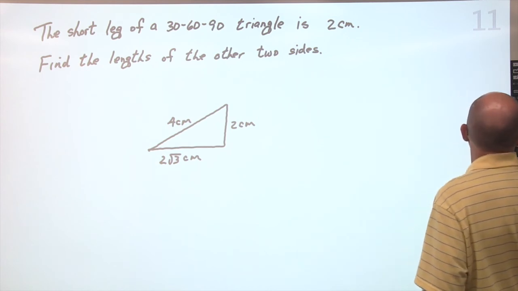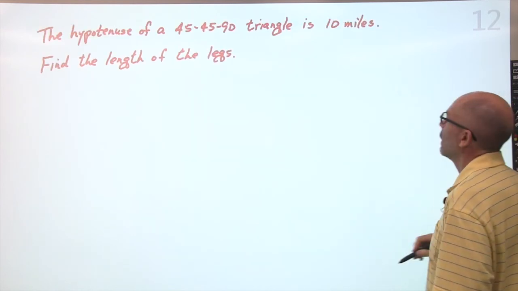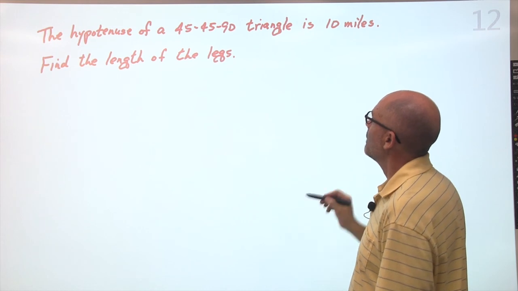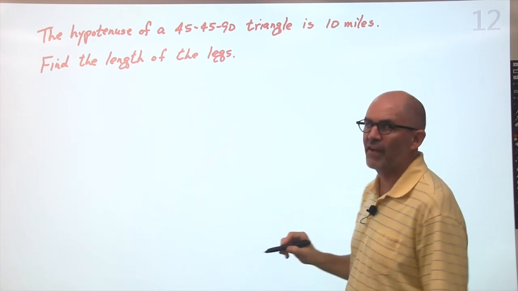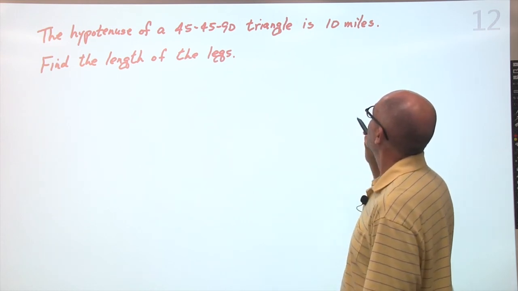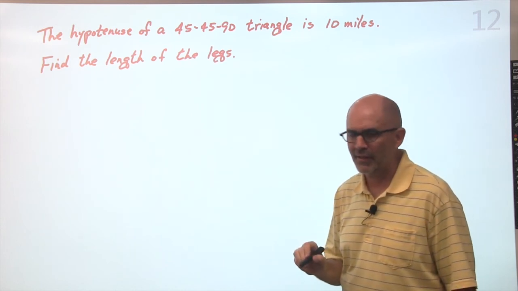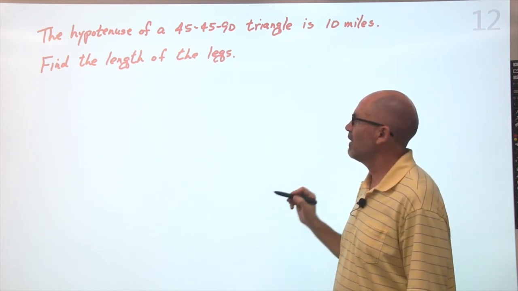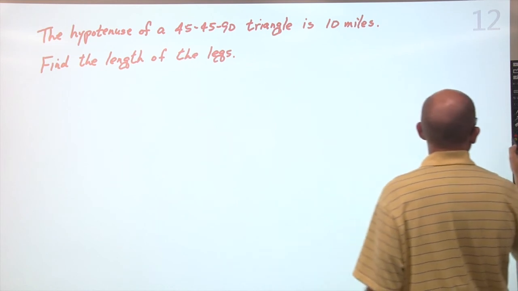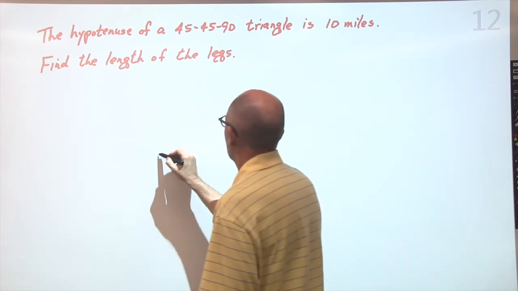Okay, now, what if we're given that the hypotenuse of a 45, 45, 90 triangle is 10 miles, and we need to find the length of the legs? So we draw our 45, 45, 90 triangle.